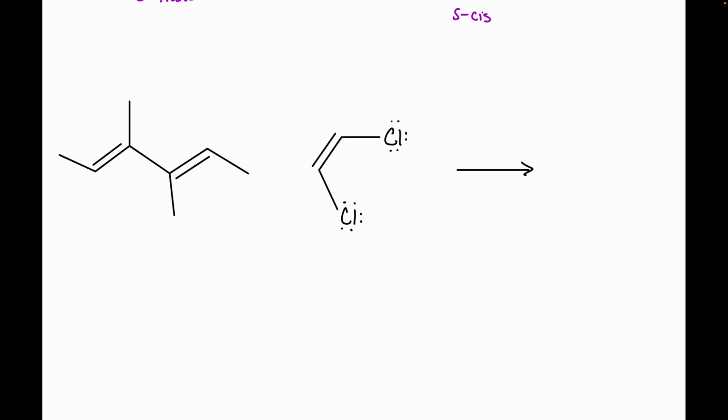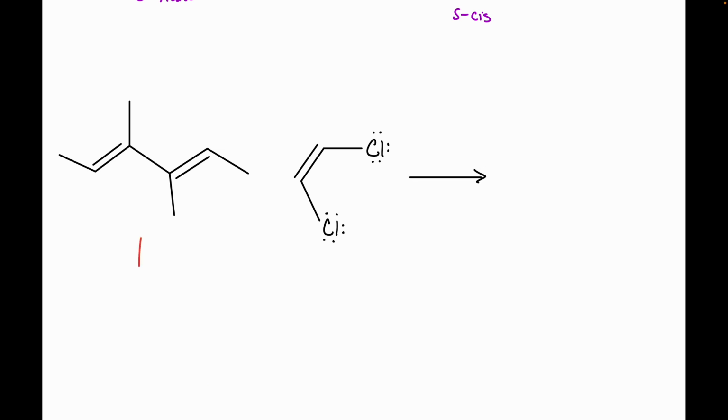All right, so again, the first step is we're going to want to rotate this into that S-cis conformation by going about that carbon-carbon single bond in our conjugated diene.